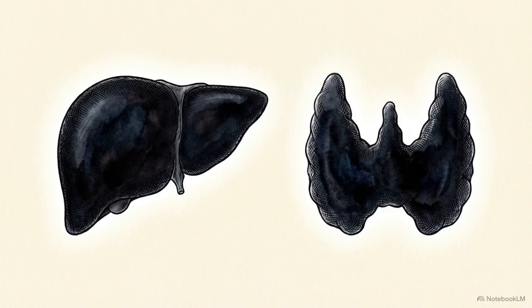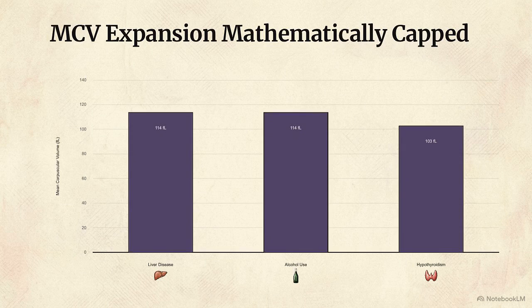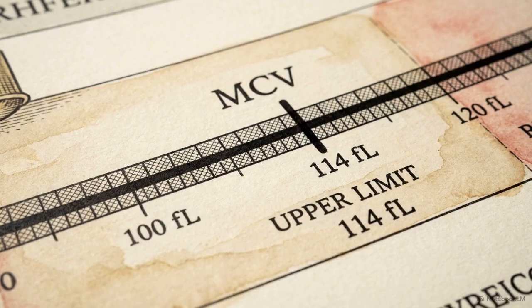Liver and thyroid pathologies account for the majority of these anemias. Their morphologic signatures on the smear are distinct, and critically, their capacity to expand red cell volume is mathematically capped. That volume cap creates the central algorithmic trap of macrocytic anemia, a heuristic built entirely around upper limit thresholds.